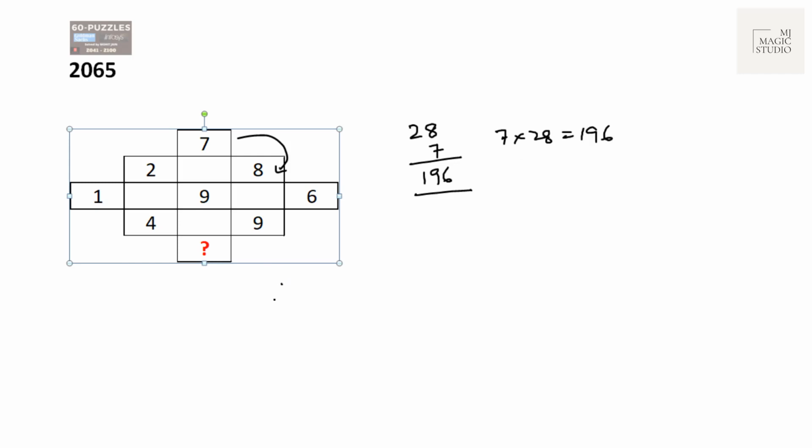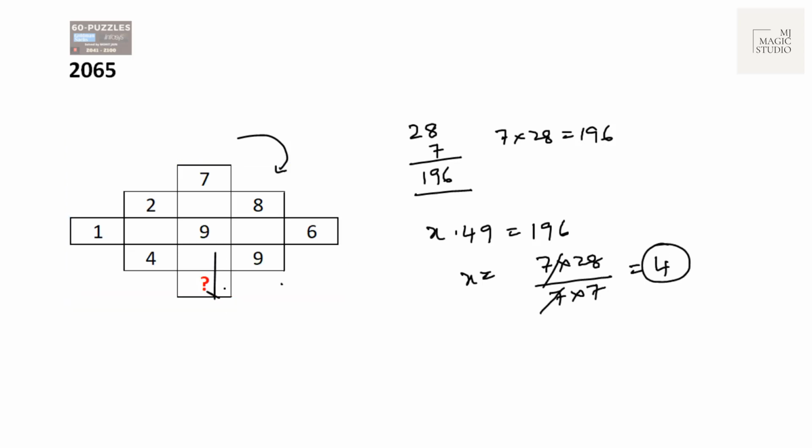If I follow the same pattern here, then x into 49 equals 196. X is 196, is 7 into 28 and this is 7 into 7, that is 49. You would be left with 4. So in place of this, I'll put 4. 4 should be the answer here.